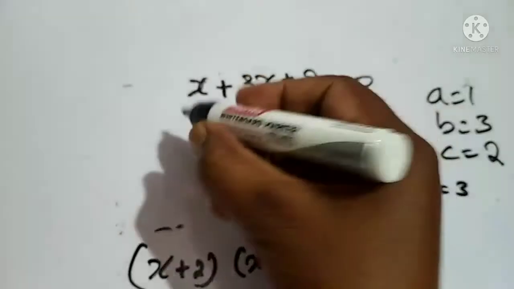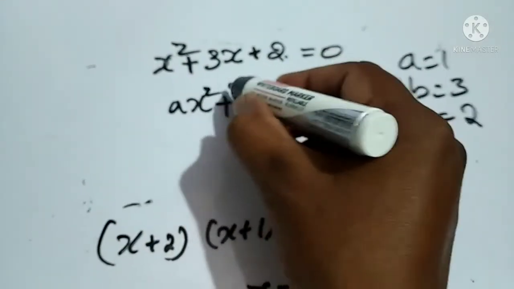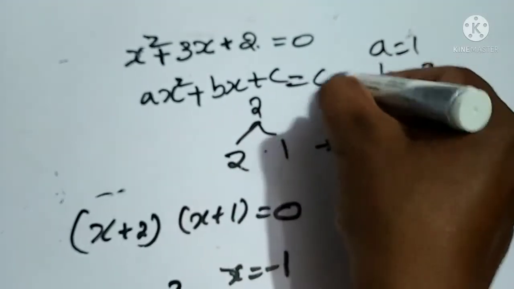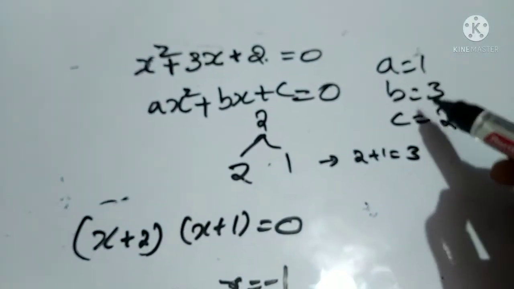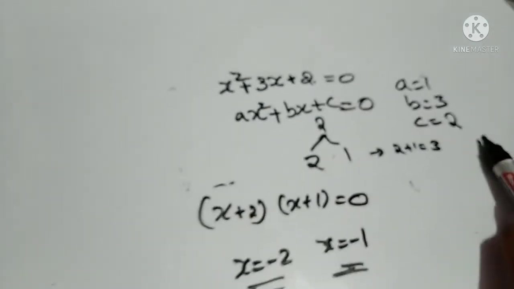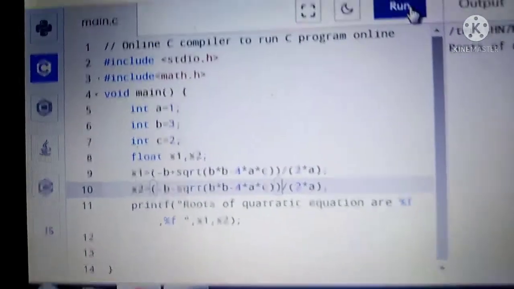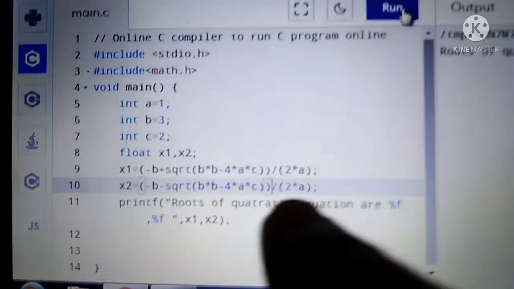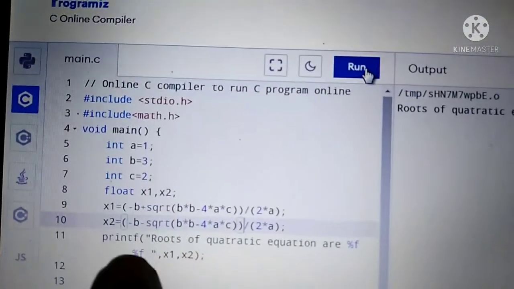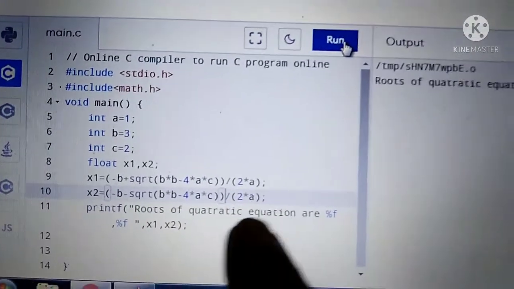We know that the standard expression is ax square plus bx plus c equal to 0. So the value of a is 1, b is 3 and c is 2. Now we have written the program for this. What I have written earlier, minus b plus or minus square root of b square minus 4ac by 2a, can be written in the form of x1 is equal to minus b plus square root of b star b minus 4ac divided by 2a.